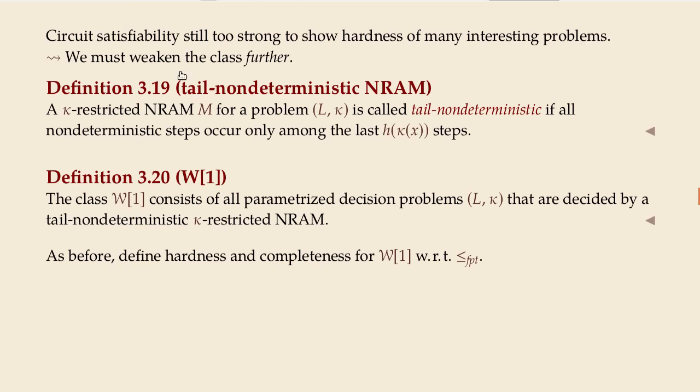So we should weaken the class even further. So already we've just reduced the nondeterminism to only depend on the parameter. And we can do a slight change in the rule by enforcing that for such a nondeterministic RAM, all nondeterministic steps occur at the end of the computation.